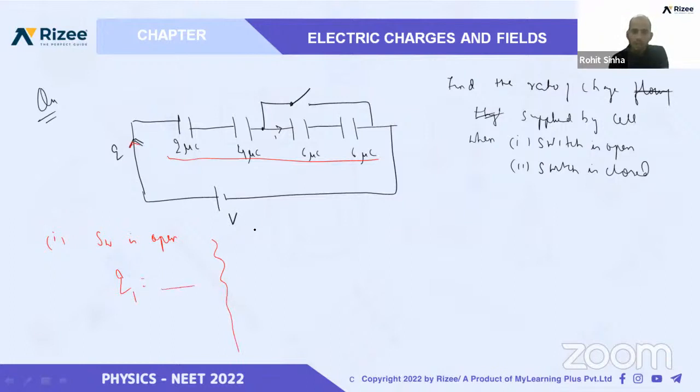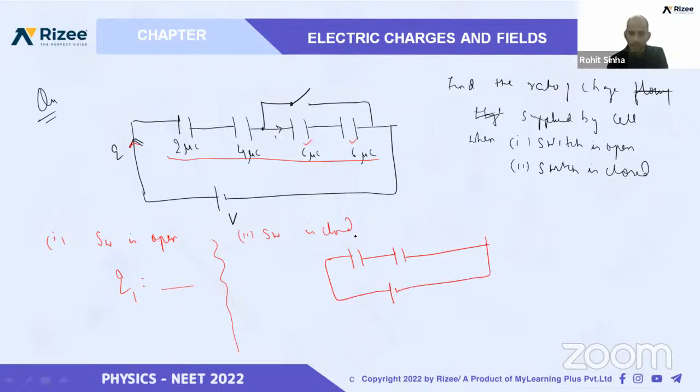Now in the second case, the switch is closed. What will happen after closing the switch? When the switch closes, these two capacitors will become useless because charge will flow through the less resistance path, and no charge will flow through these two capacitors.